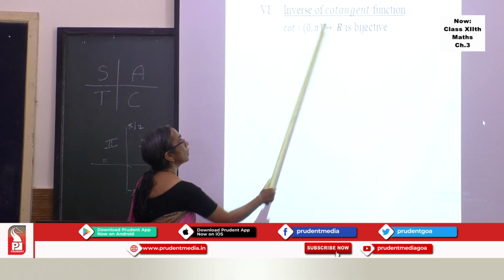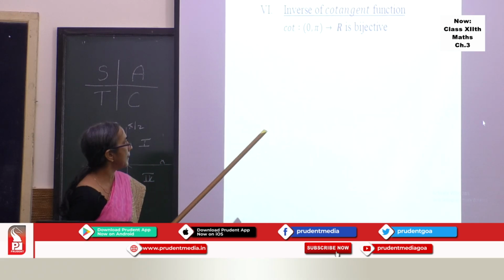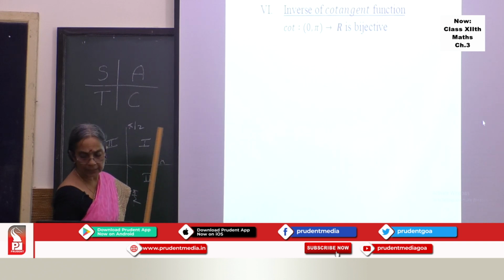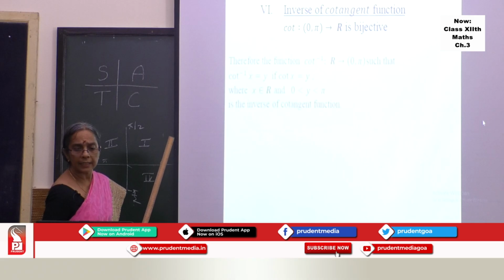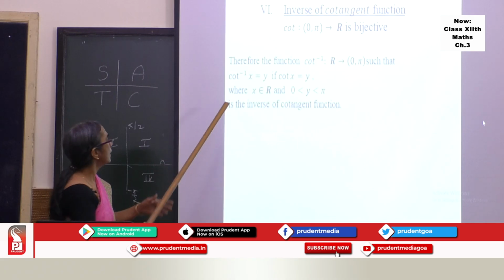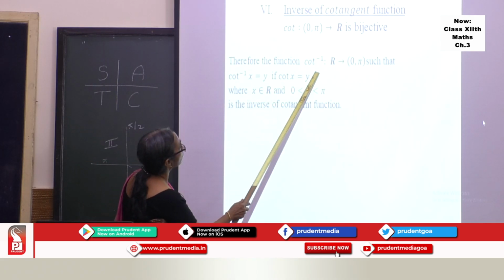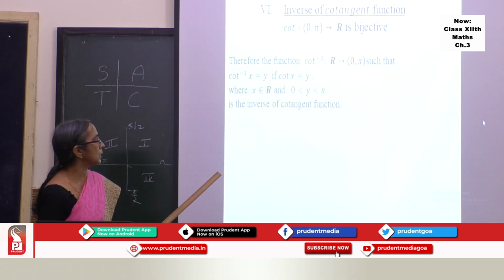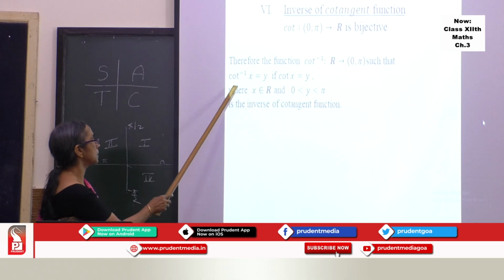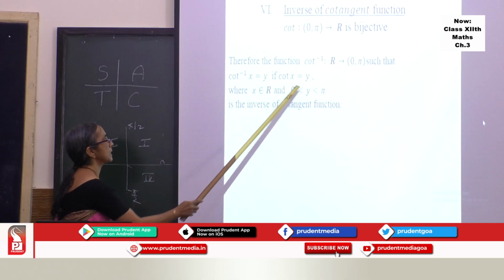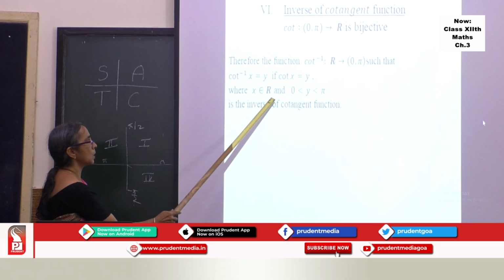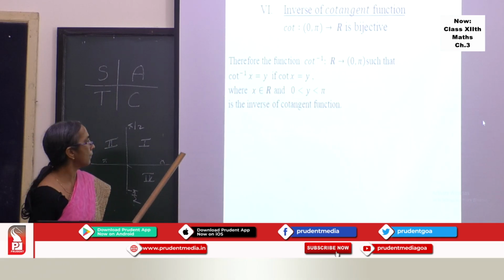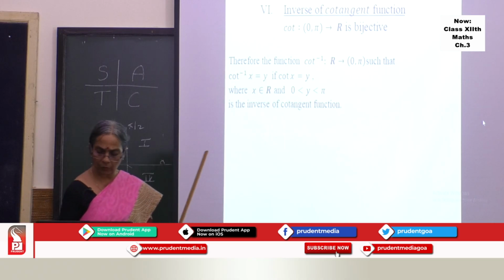The codomain or range is the set of real numbers. So it is bijective, and you can define the inverse. Therefore, cot inverse is a function from R to the open interval 0 to pi such that cot inverse of x is y if cot y is equal to x, where x belongs to R and y is between 0 and pi.